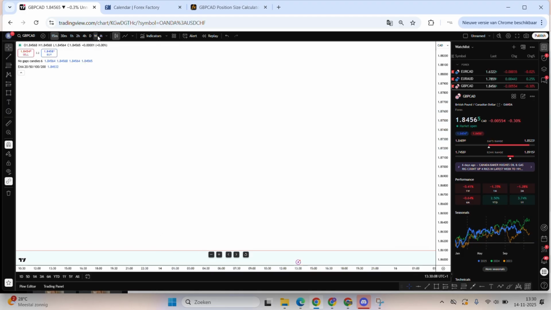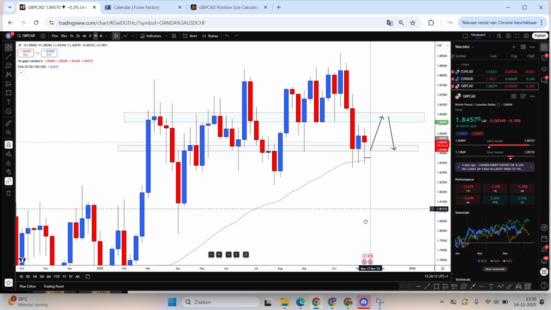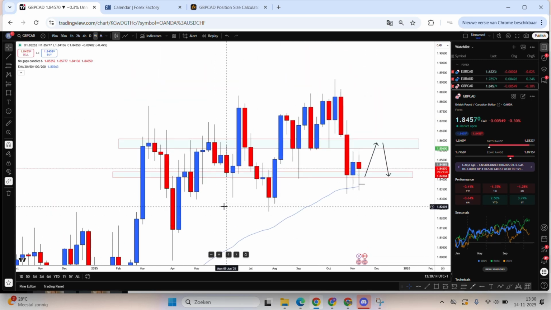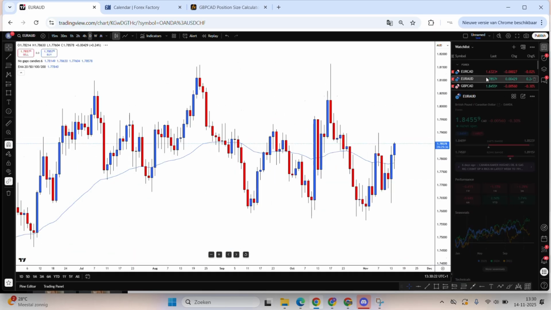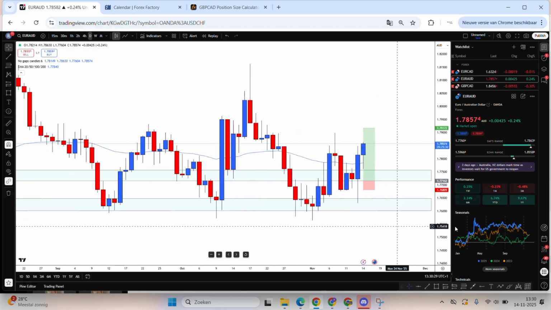Okay, guys, if you go to the market right here, you see that these are weekly areas of interest because it's on the weekly time frame. If I go to the daily time frame and to another pair, you see that the line is black. So that means it's a daily area of interest.